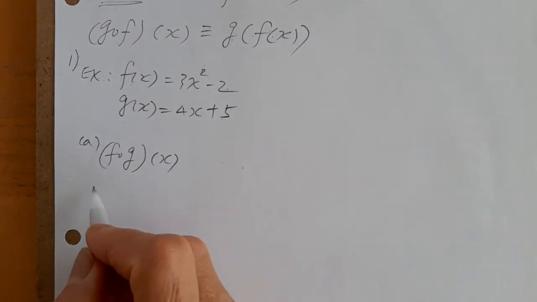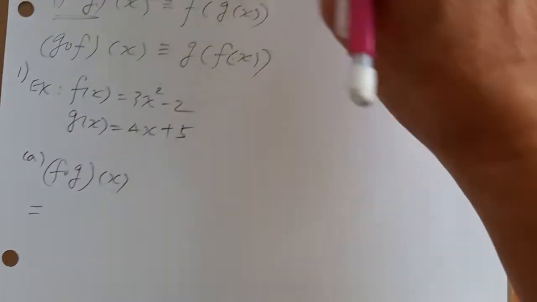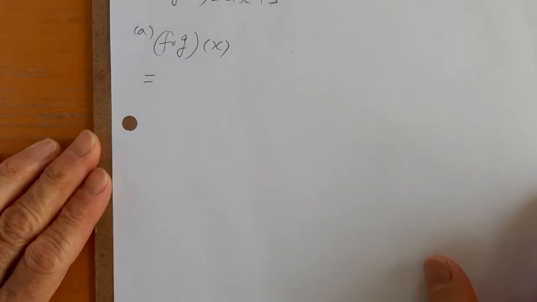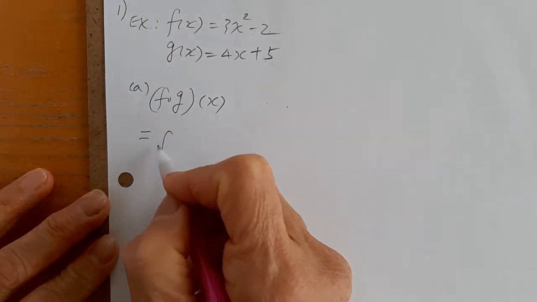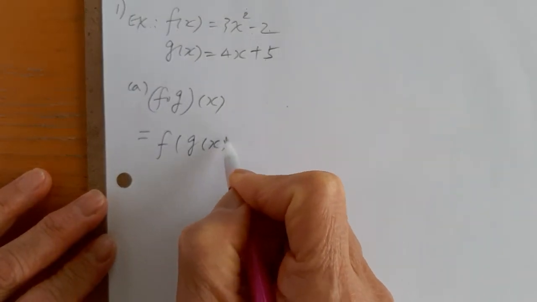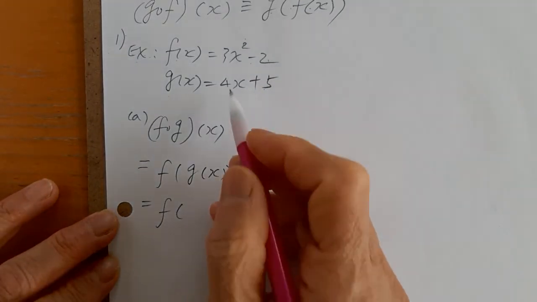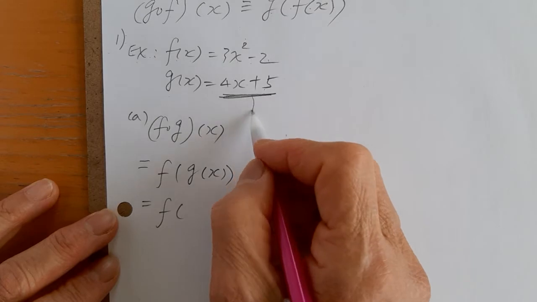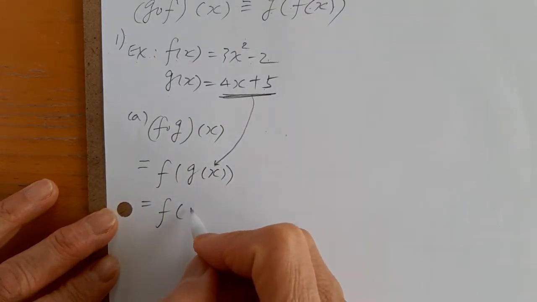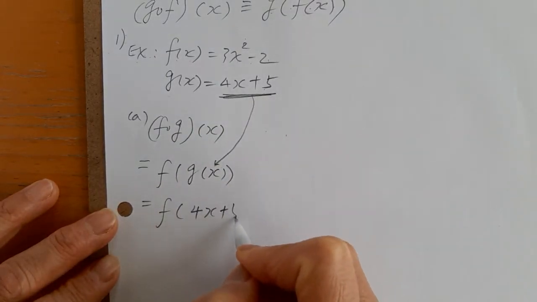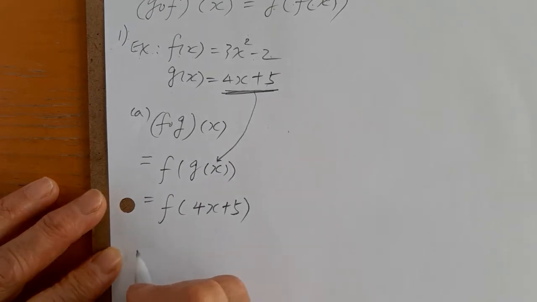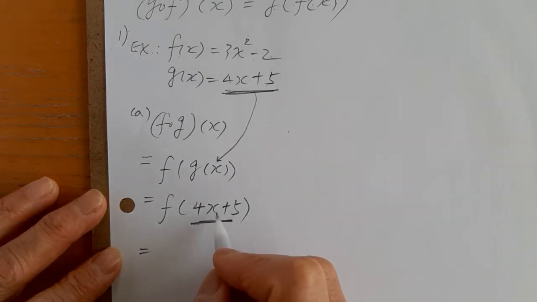So according to the definition, it is f of g of x. Now what is g of x? Plug in: g of x equals 4x plus 5. And then you're looking for f of 4x plus 5.